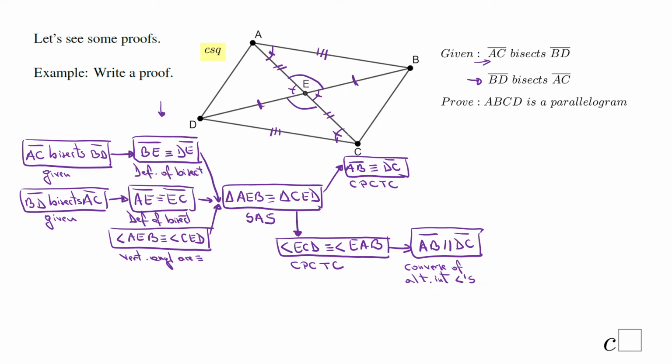But now let's take a look at these two statements we have here. It's the same. So these two sides are congruent and they are parallel. If you remember, we have a theorem that allows us now to say ABCD is a parallelogram.